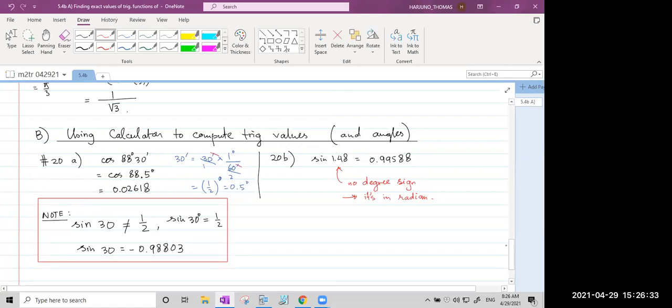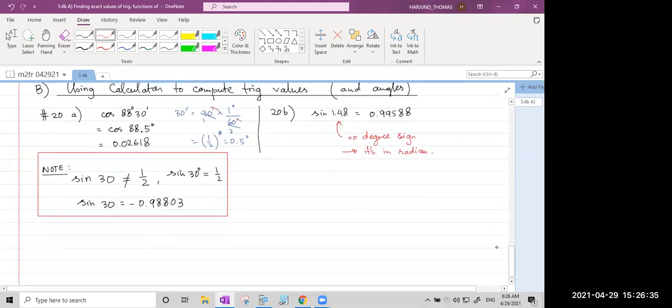Now, what happens if we have a function that is not on our calculator? Let's say number 22. That is cotangent 9 degrees 10 minutes. So 10 minutes is 1/6, right? 10 divided by 60.